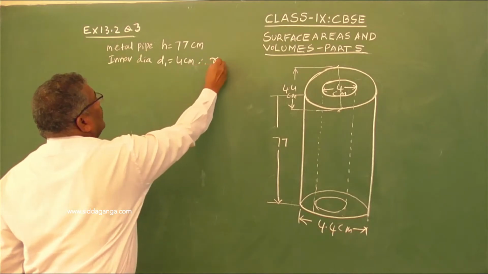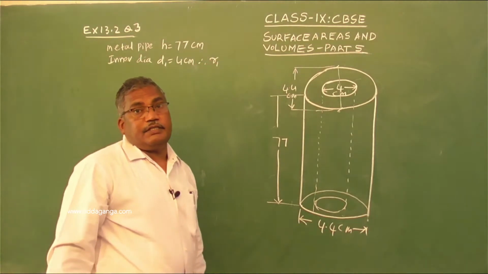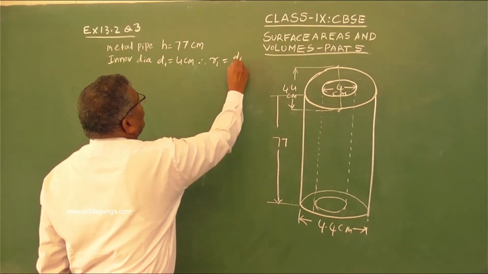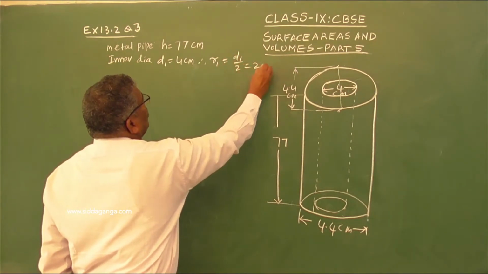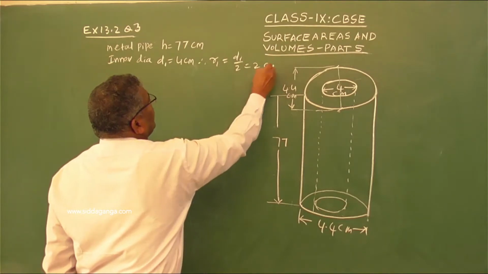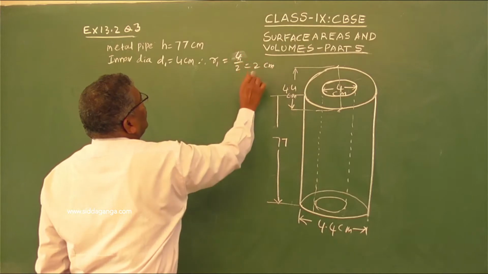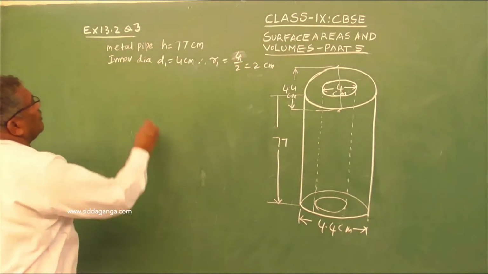Therefore the inner radius r1 equals d1 by 2, which is 4 by 2, equal to 2 centimeter.